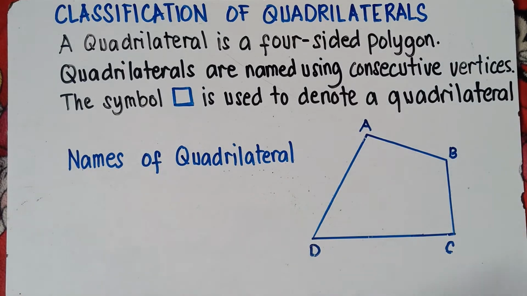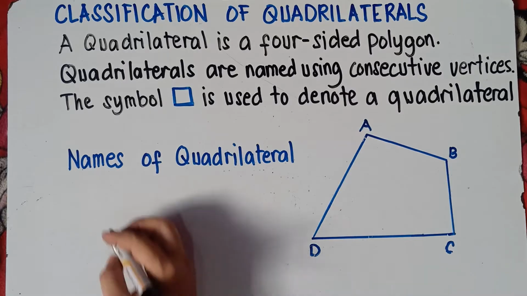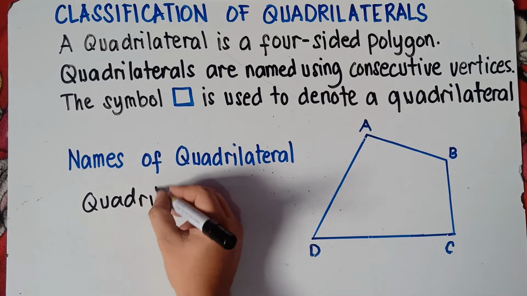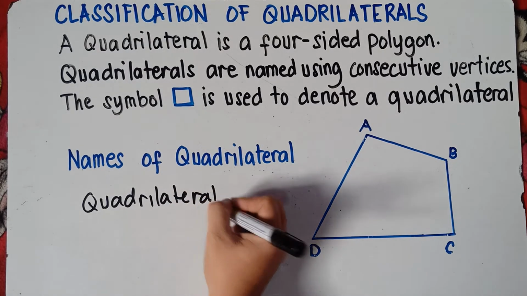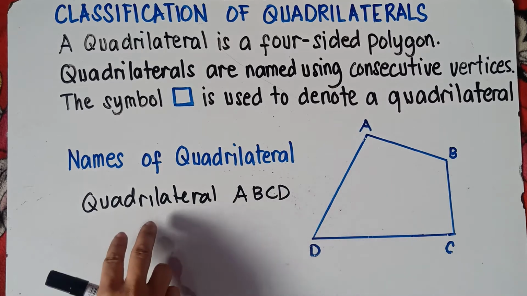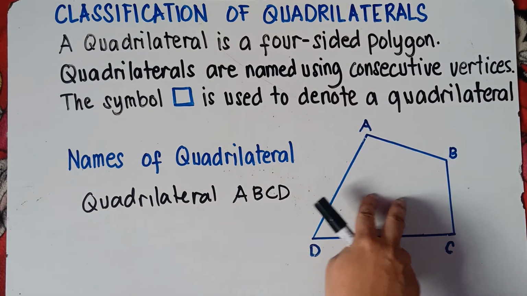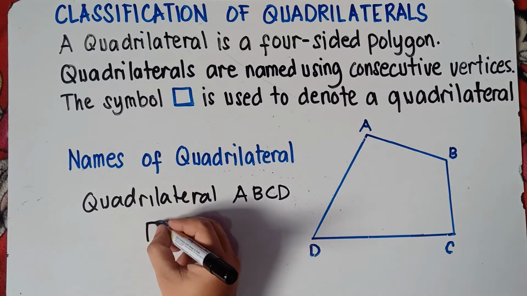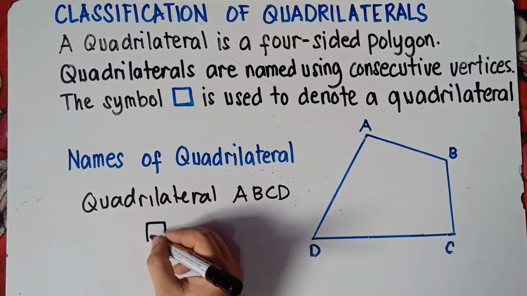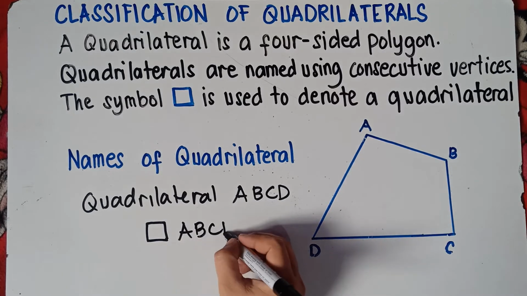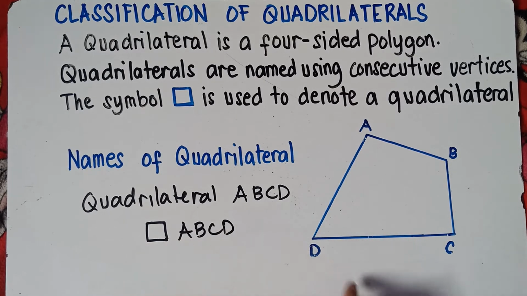So when you name the quadrilateral, instead of writing the word quadrilateral itself, you can just use the symbol, which is the same as quadrilateral. Then you name it A, B, C, D. So quadrilateral A, B, C, D.